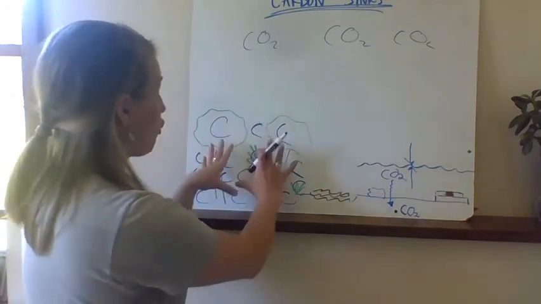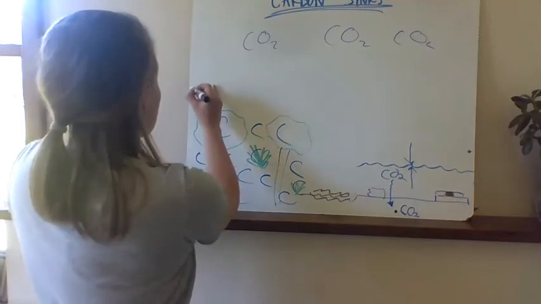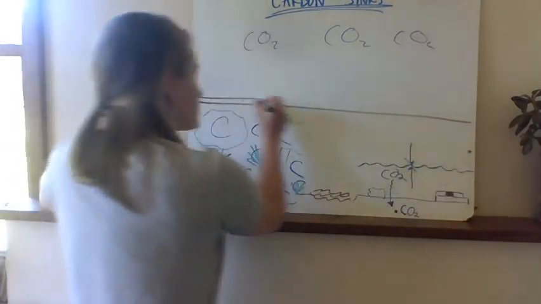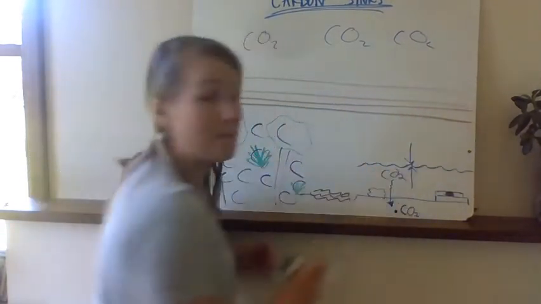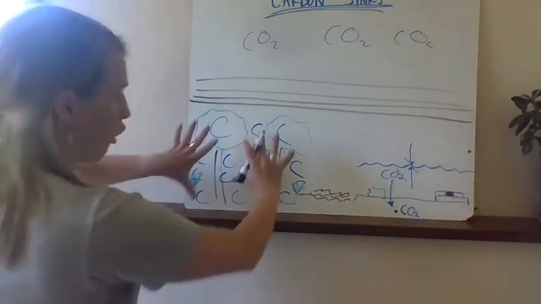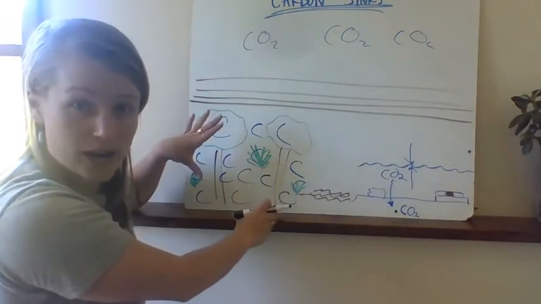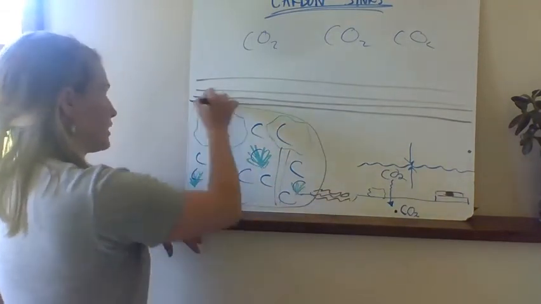So if this whole thing ends up dying and getting covered and squished and squished and squished over millions of years, all of this carbon is going to become coal or oil or natural gas. So this is going to create a fossil fuel right here.